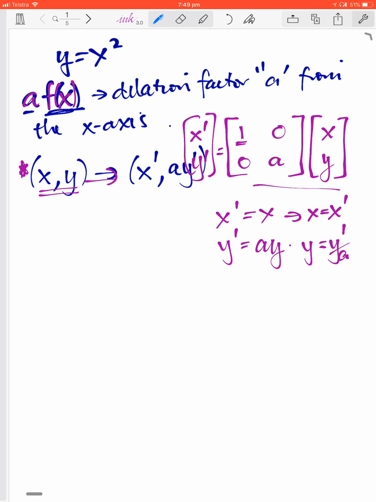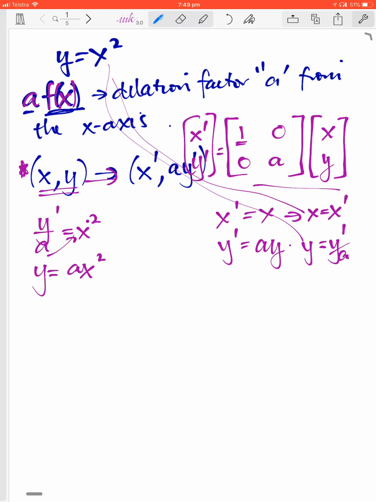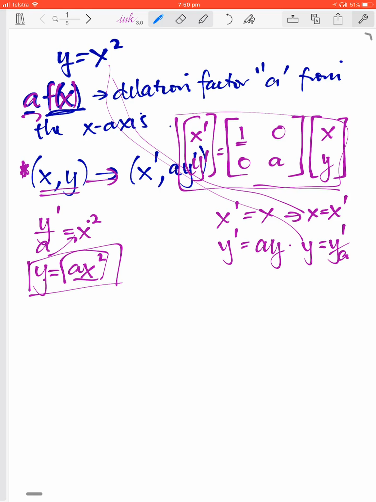Now if I substitute them into our function up here, I would get y dash on a is equal to x dash squared. When I multiply the a across, I get y equals a x squared. So that is when I use matrix notation to dilate factor a from the x-axis. I get a times x squared, which we know from function notation. If we put an a out the front of x squared, we'd get y equals a x squared.